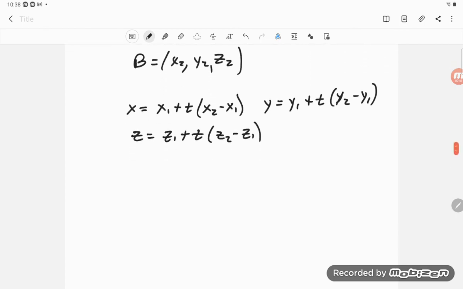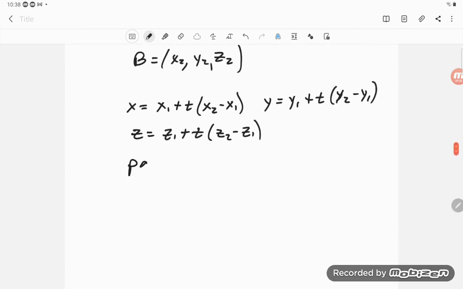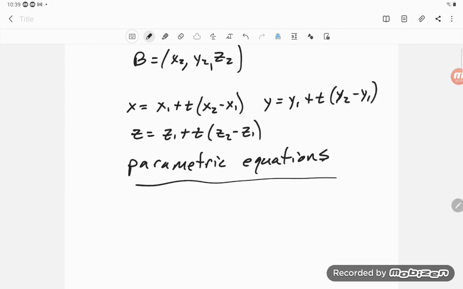We call these parametric equations. If you've done Calc 2, definitely if you've done Calc 3, you've probably looked at parameterized curves. So you can think of that straight line as being parameterized in t.